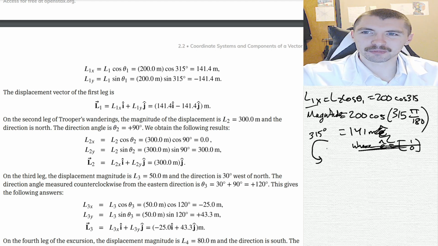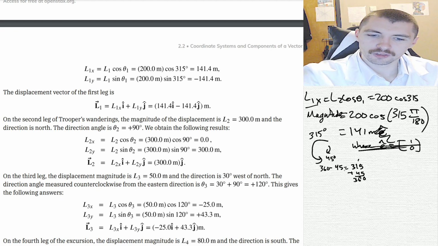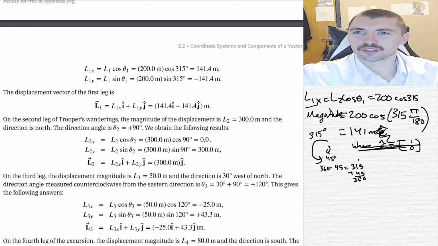It might make more sense to think of it like, okay, this angle is 45 degrees. 360 minus 45 equals 315. So I guess you could say this is negative 45, right?